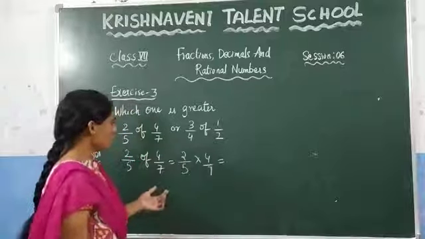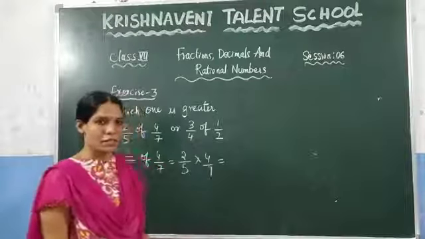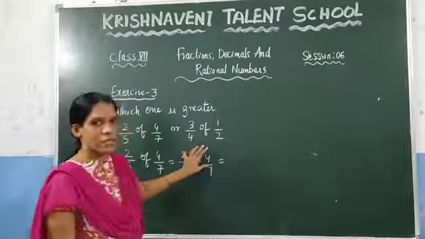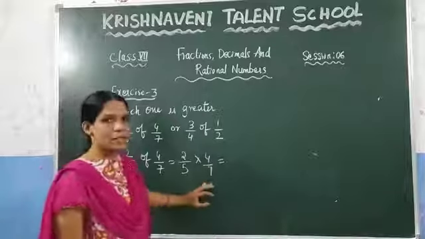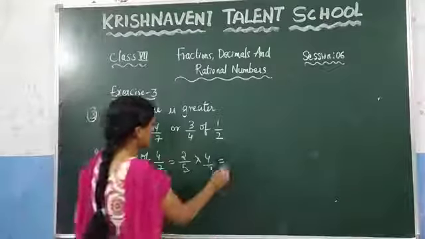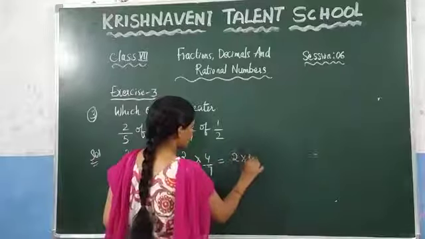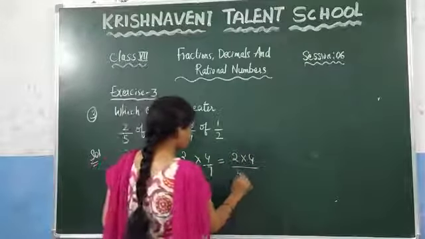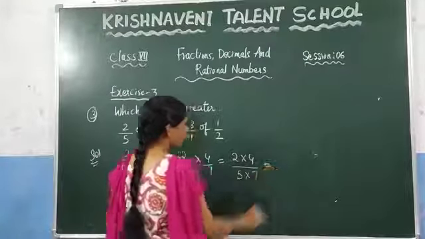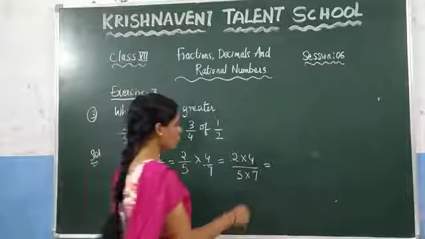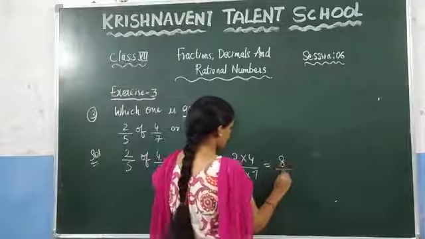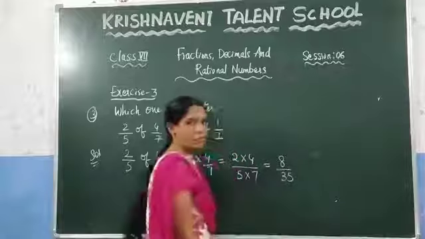How do you multiply two fractions? We already discussed: you multiply the numerators and you multiply the denominators. After multiplying the numerators, what do we get? 2 into 4. Similarly, the denominators are 5 into 7. The value of 2 into 4 is 8, and the value of 5 into 7 is 35.